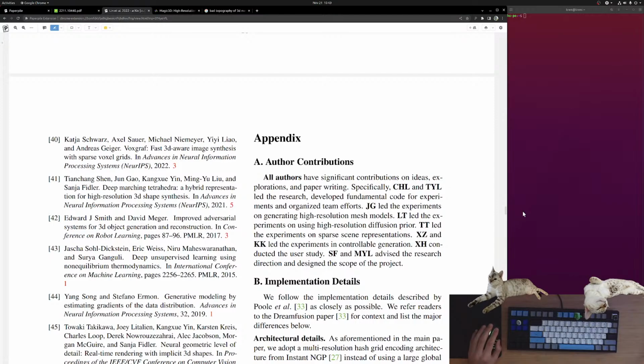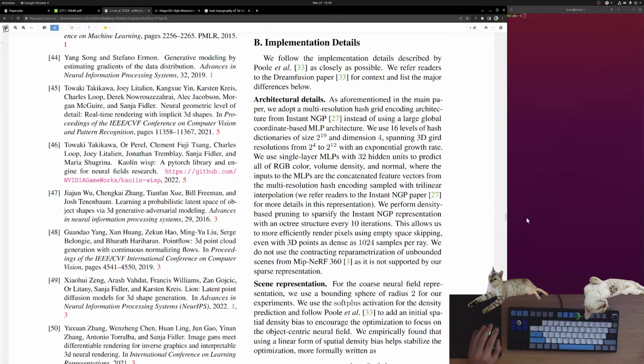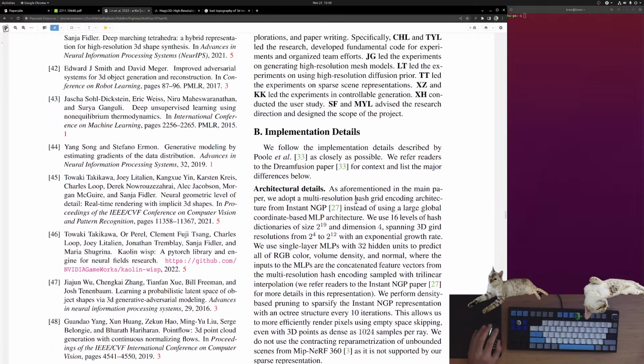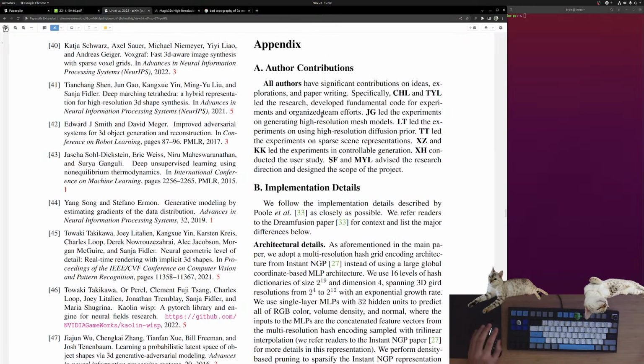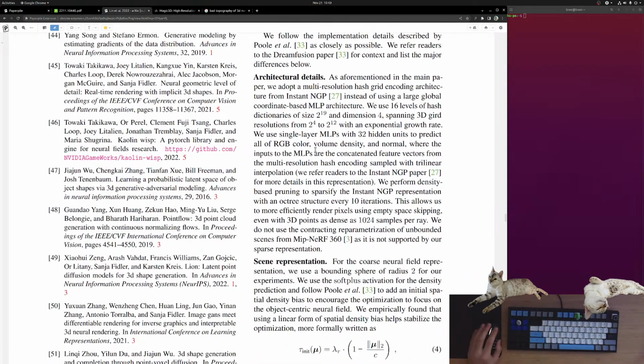Okay, let's actually look at these implementation details here. Okay, single layer MLPs with 32 hidden units. This is the MLP inside the NeRF, so the RGB, volume density, color, and normal. Density-based pruning, right?